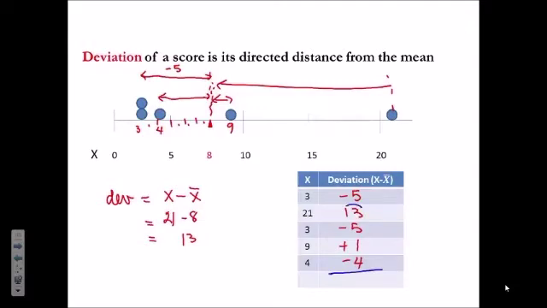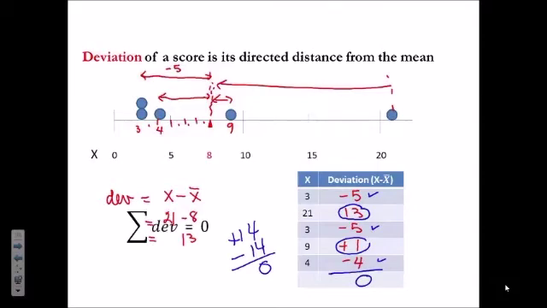Well, if we add the positive ones, 13 and 1, that's positive 14. And if we add the negative ones, negative 5, negative 5, negative 4, that's negative 14. Positive 14 and negative 14 are opposites. When you add them, you get 0. Well, is this an accident? No. The sum of the deviations is always going to be 0 when you have individual scores.